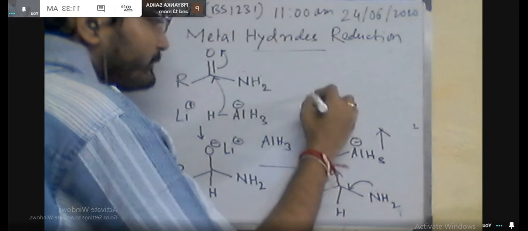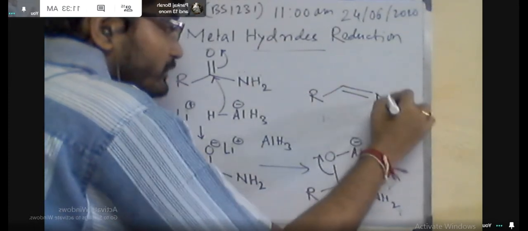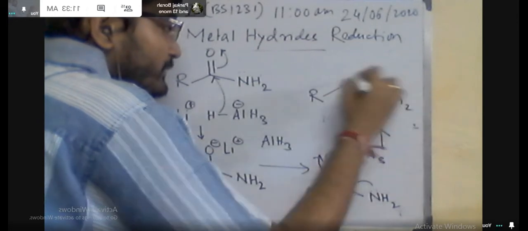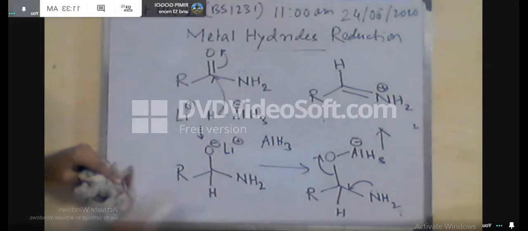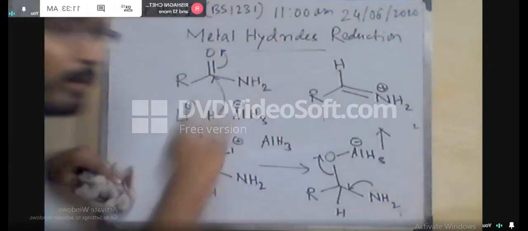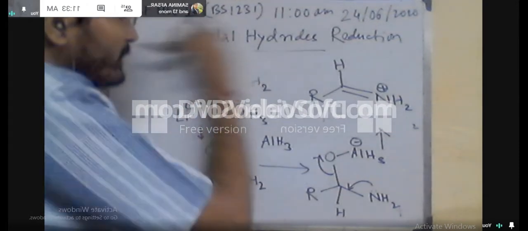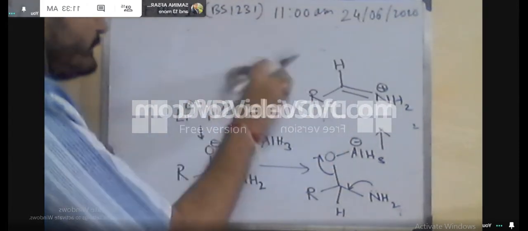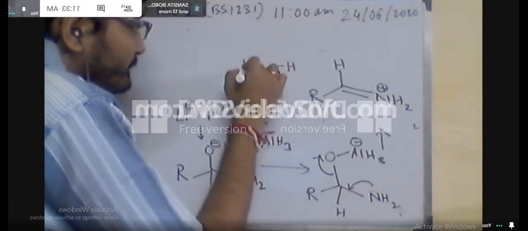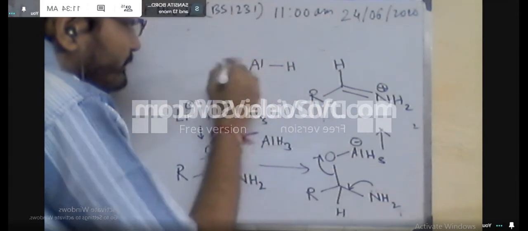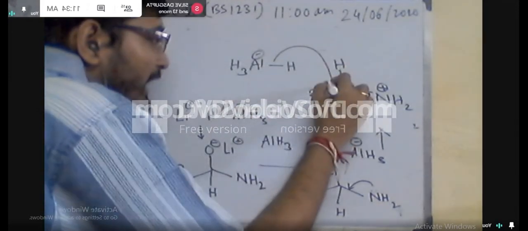So you will get the corresponding amine. So generally the mechanism is not required, but I am showing the mechanism for how the reaction proceeds. So by using simple lithium aluminium hydride, you can convert this to the corresponding amine.